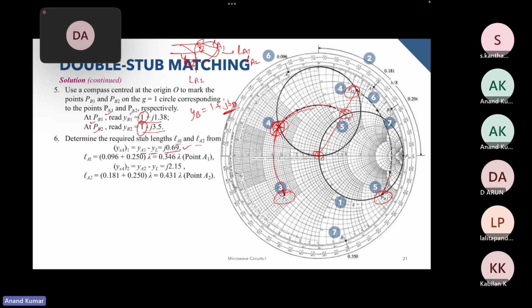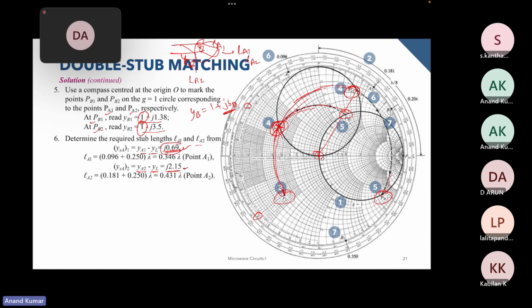So if you read the value over here and read the value over here and take the difference, this will come out to be 0.69. Now similarly for YA2, you read the admittance value and subtract this with YL. So essentially the imaginary path that we had to travel will come out to be j2.5.